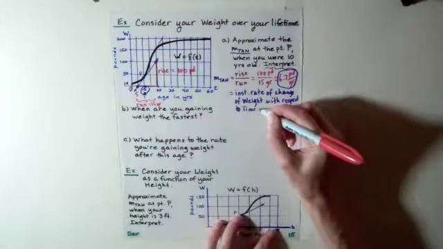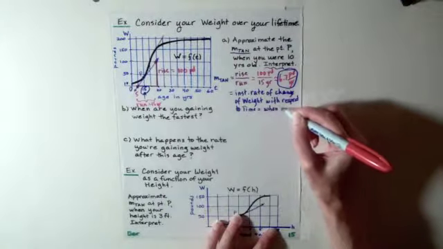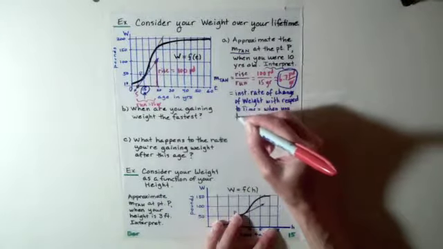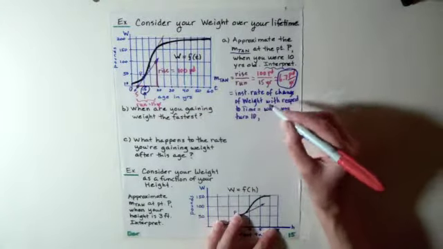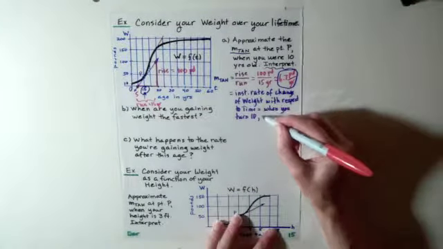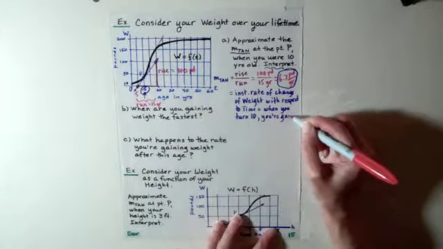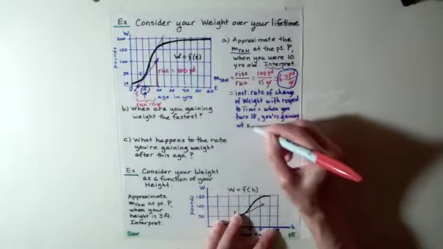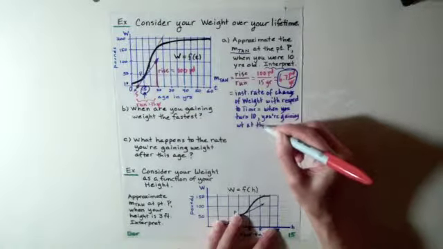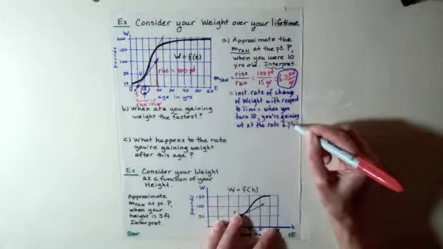So another way to say this is when you turn 10, at that instant in time on your 10th birthday, you're gaining weight at the rate of 6.7 pounds per year.